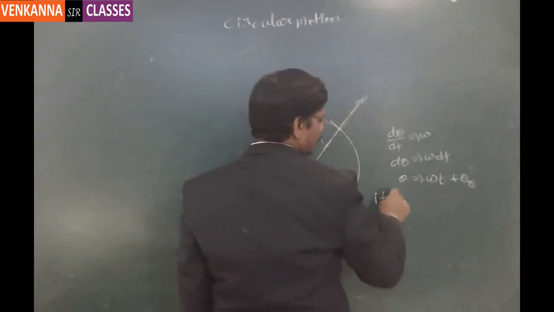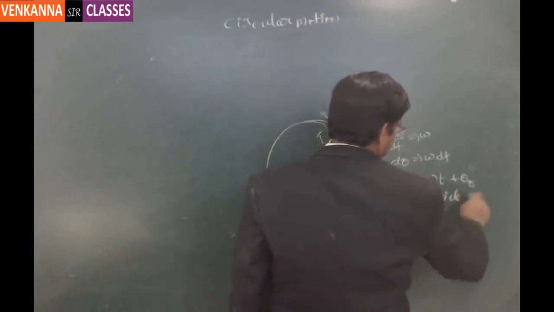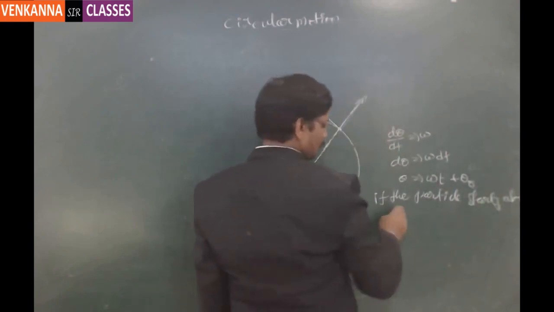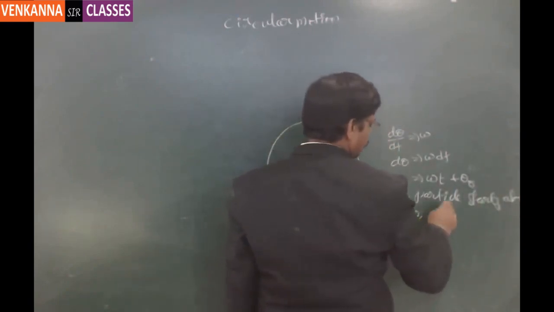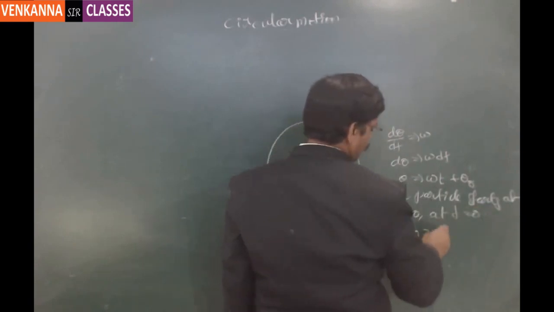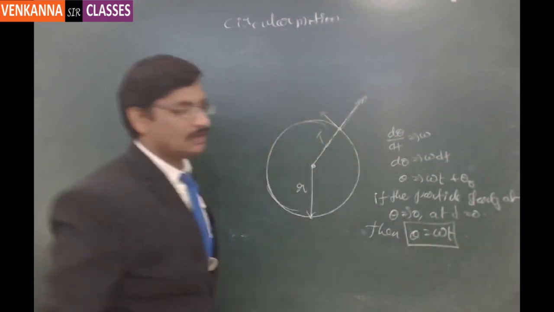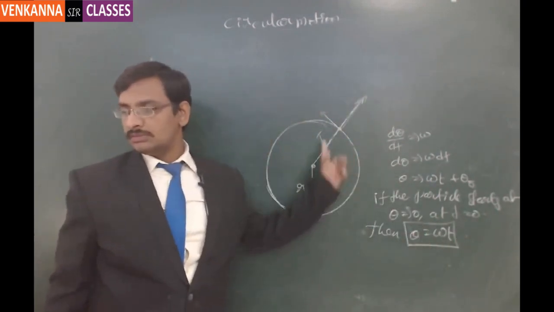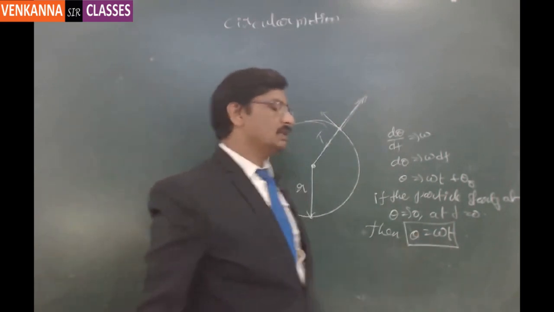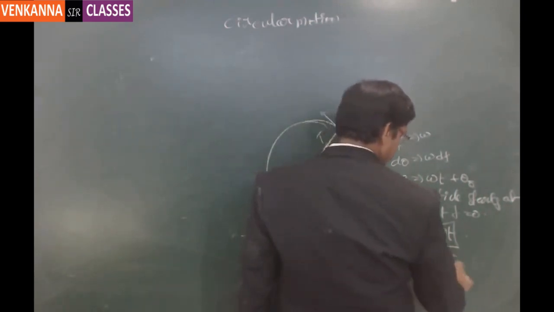If the particle starts at theta equal to 0 at t equal to 0, then theta is going to be omega t. So this is one relation where omega is the angular velocity, also called the angular frequency. It is treated in terms of radians per second.